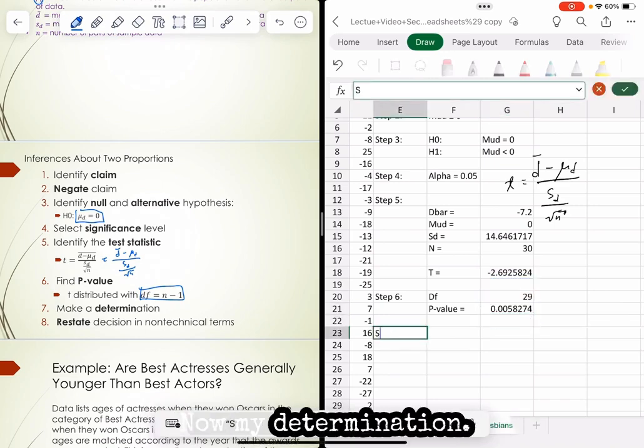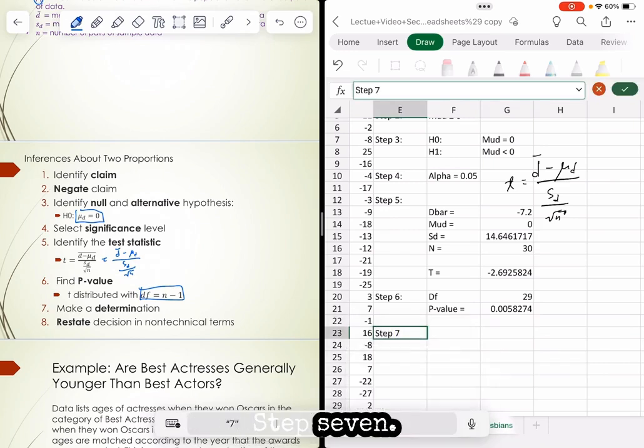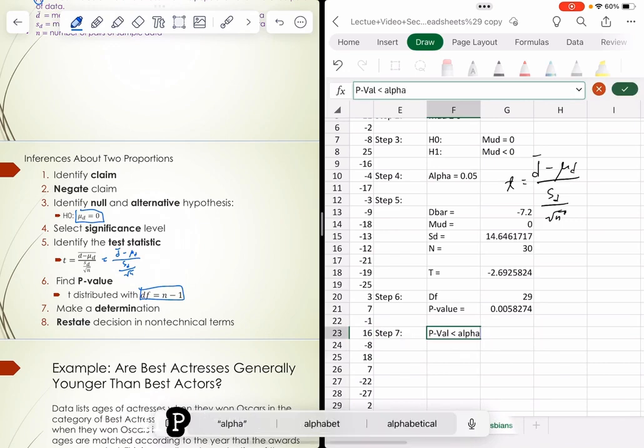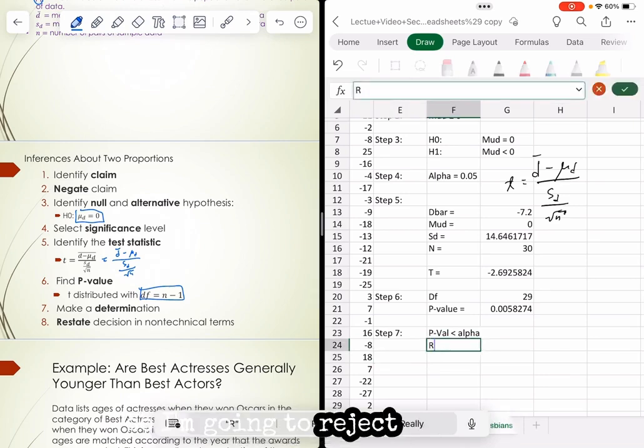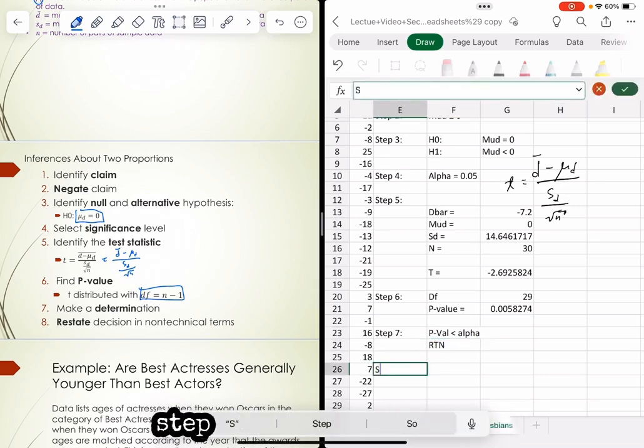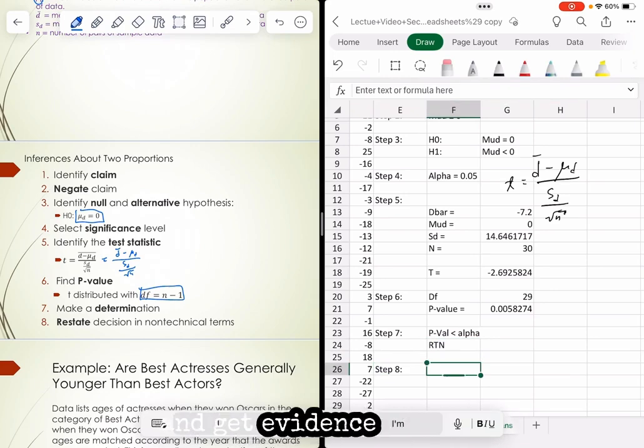Now my determination. Step 7, p is less than alpha. If p is low, the null must go. So I'm going to reject the null. Step 8, reject the null and get evidence.